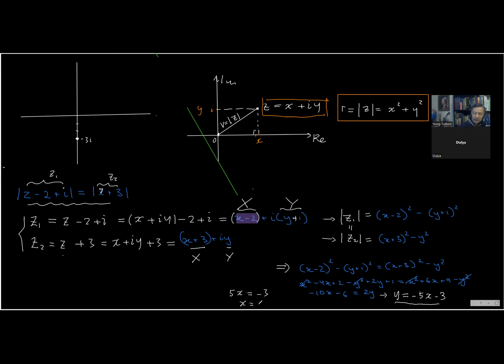So this is negative 3 over 5. So it's less than 1, isn't it? To be exact, what is it? 0.6, right? So when y equal to 0, x equal to negative 0.6. Can you see this negative 1 here?